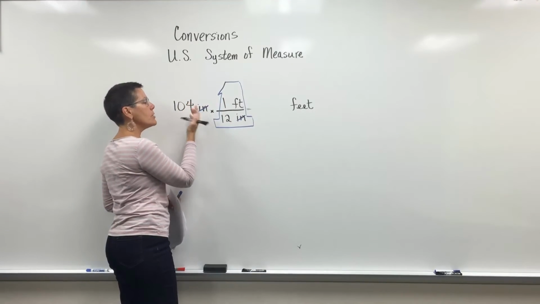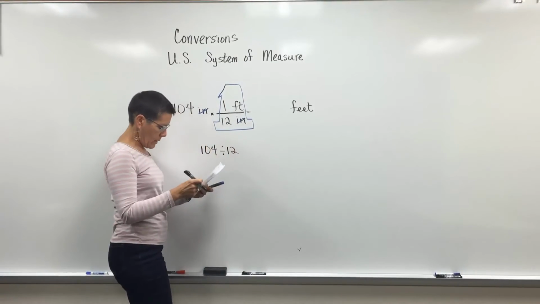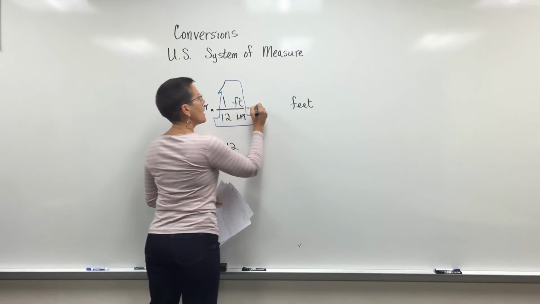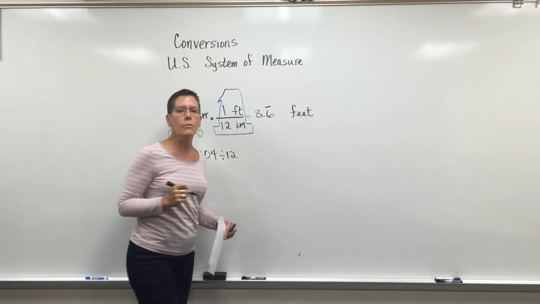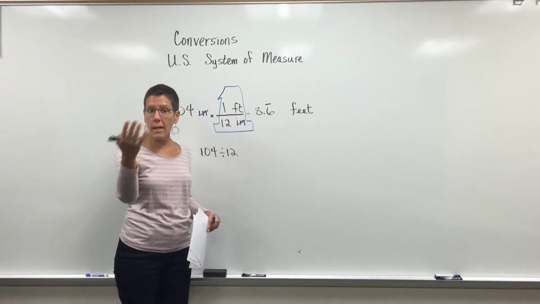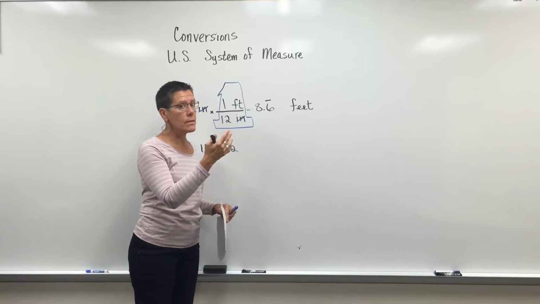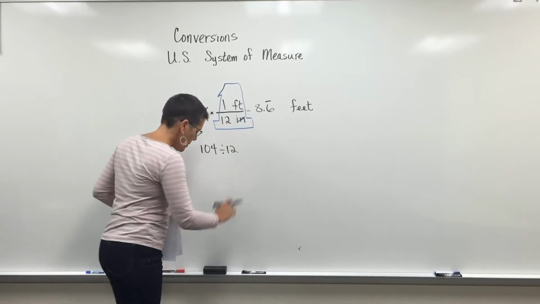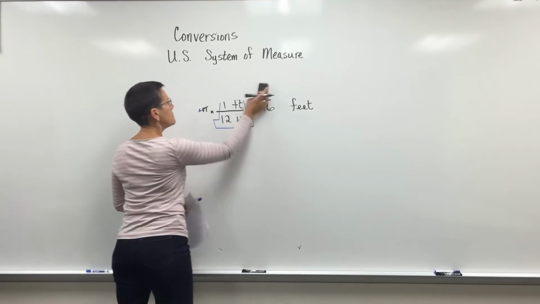I just need to take 104 on my calculator and divide it by 12. And when you do that, you will get 8.6, and those 6's are going to repeat, so I'm going to put a bar over top of that 6 so that I can tell the person who's reading this that that's really 8.6666666. There is a discussion on significant digits, but I'm not going to address that in this video.